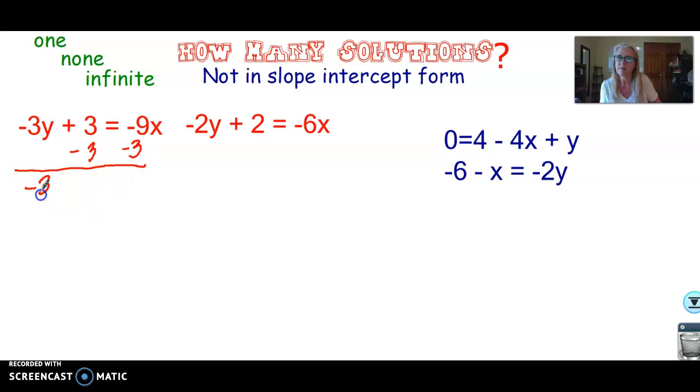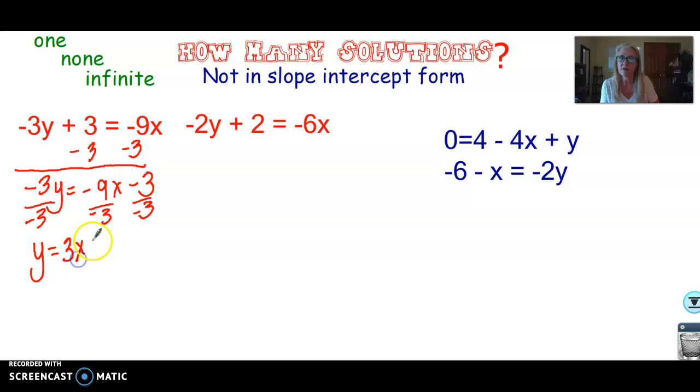That gives me negative 3y equals negative 9x minus 3. I'm going for that y equals mx plus b format. Divide everything by negative 3, and we get y is equal to positive 3x plus 1. Okay.